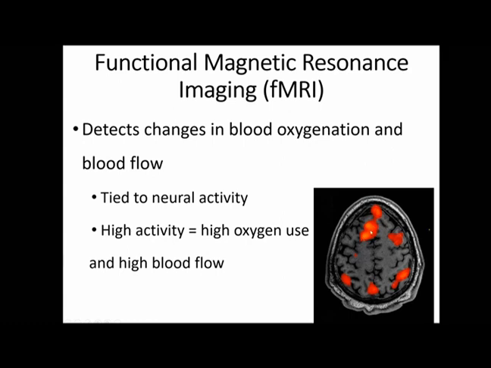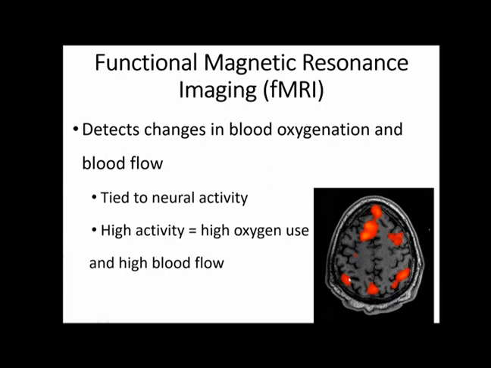And so these areas that light up red have drawn oxygen-rich blood to that area, and they're starting to remove the oxygen from that blood to be able to use it. So our high activity is going to show up as high oxygen use and high blood flow. So there's lots of blood moving in these areas because the cells in those areas are using lots of resources.